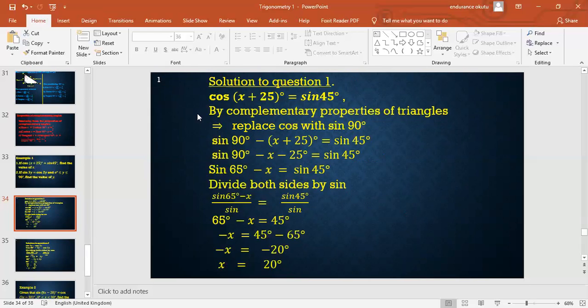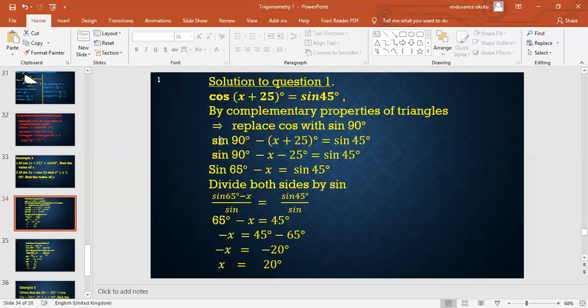Now, coming back to this, look at cos here and look at sine. To replace, where we have cos, because we have sine on the other side, we are going to replace this cos with 90 degrees minus.